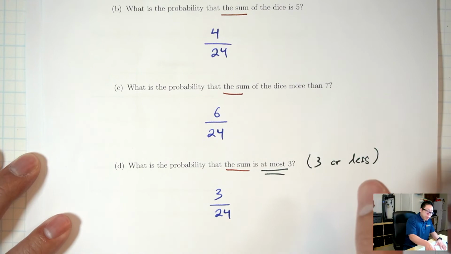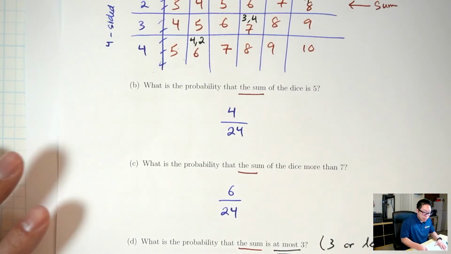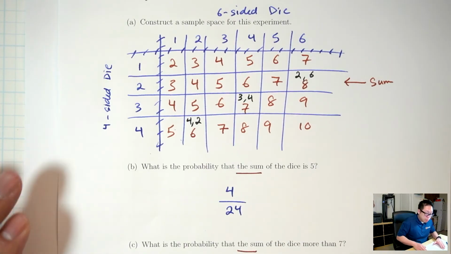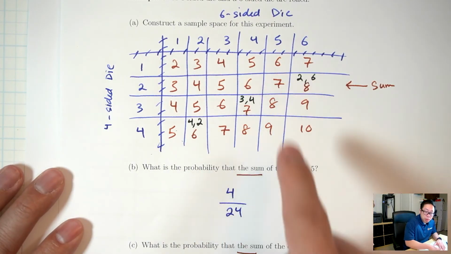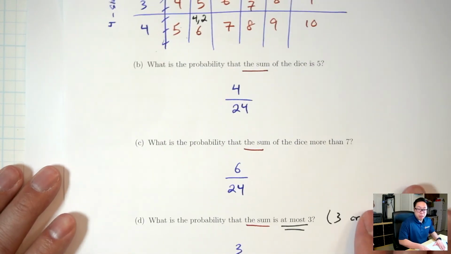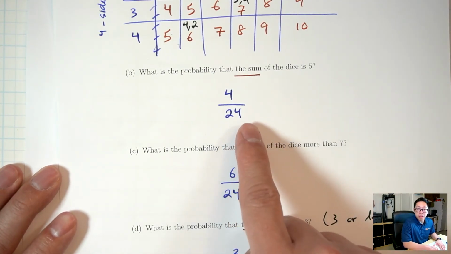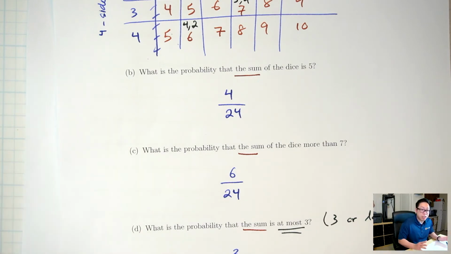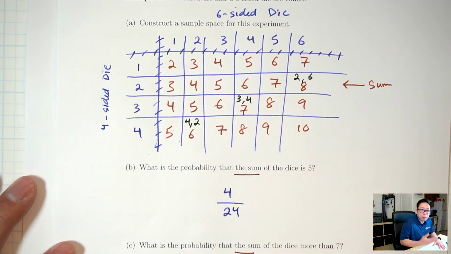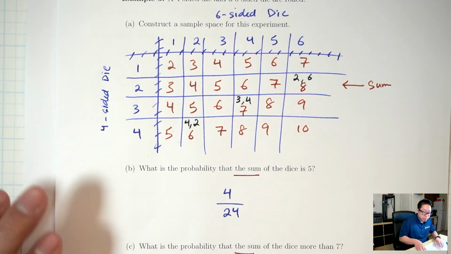Now, we found these probabilities by not rolling any dice. We just thought about what could happen. We made a sample space, and then we counted. So that's called the classical or the theoretical probability. We found the answer by thinking about all of the things that could happen, and then we counted.